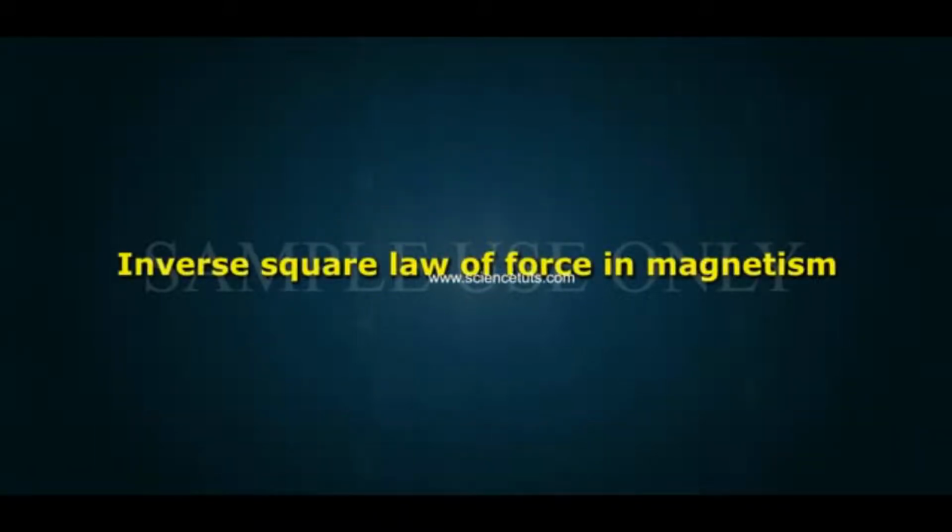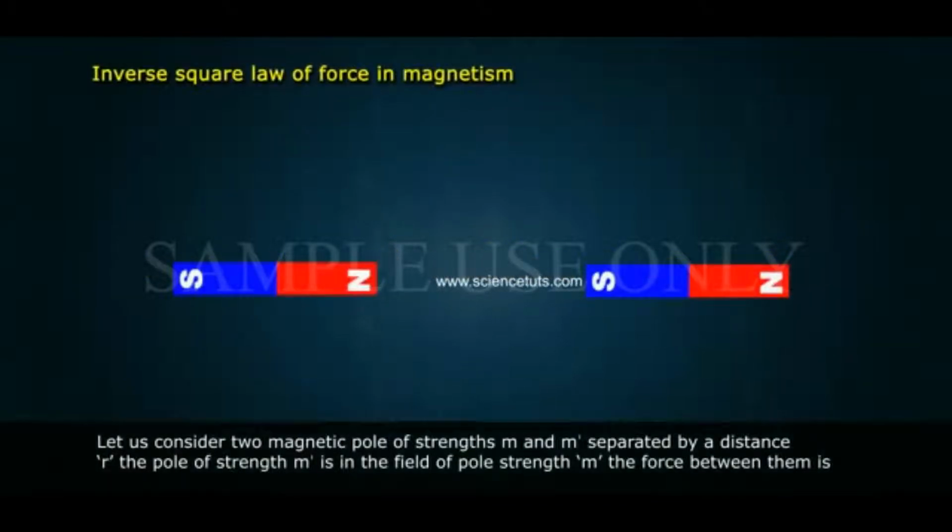Inverse square law of force in magnetism. Let us consider two magnetic poles of strengths m and m' separated by a distance r. The pole of strength m' is in the field of pole strength m.